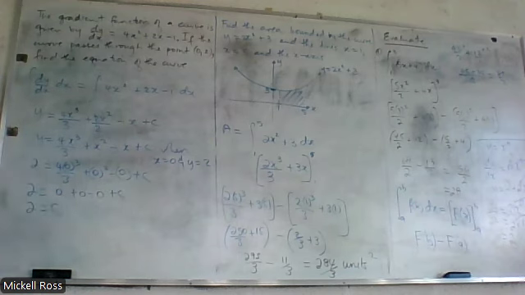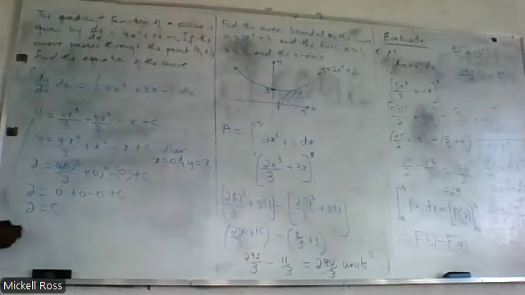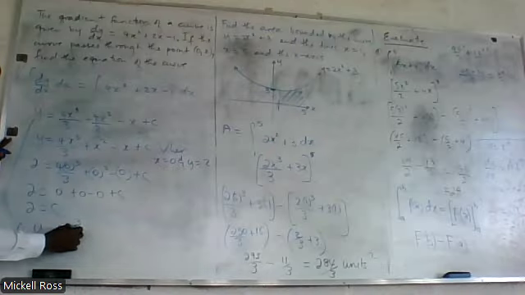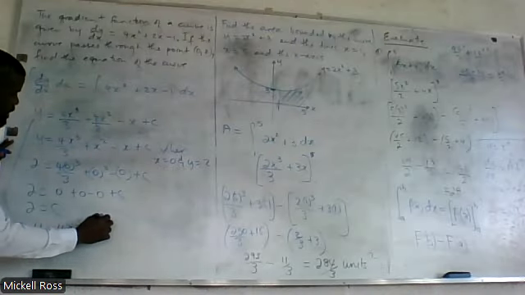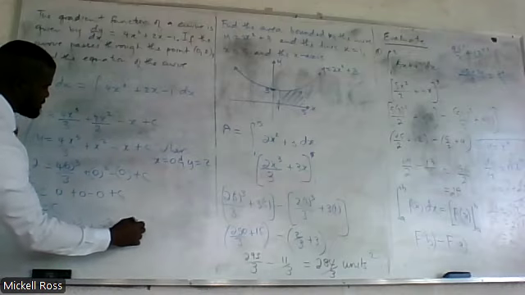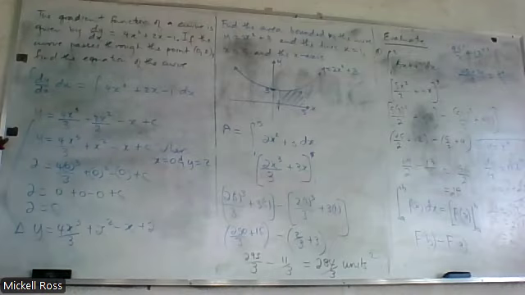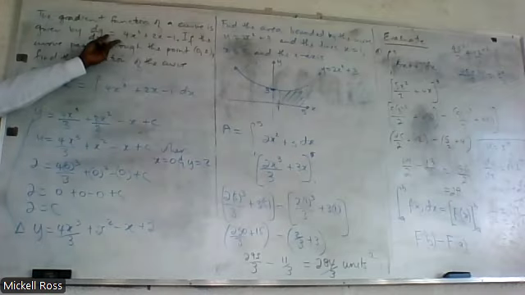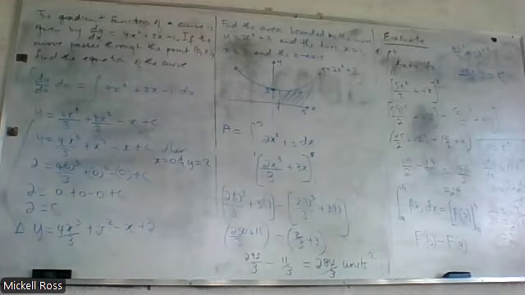So what is the equation? All of this equation right here is y is equal to 4x cubed over 3 plus x squared minus x plus 2. So this equation was differentiated to give this gradient function, right?